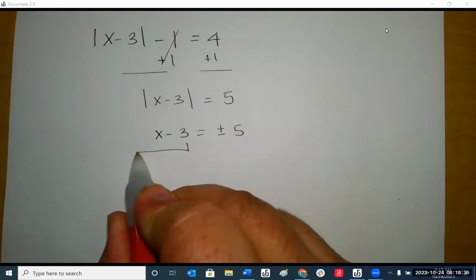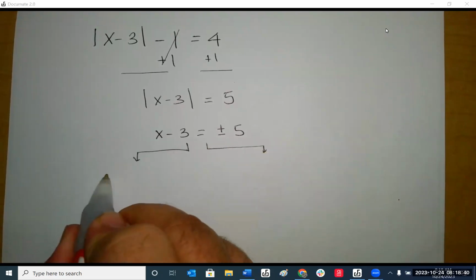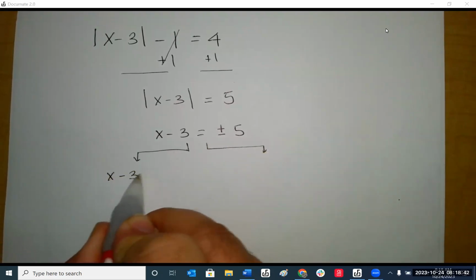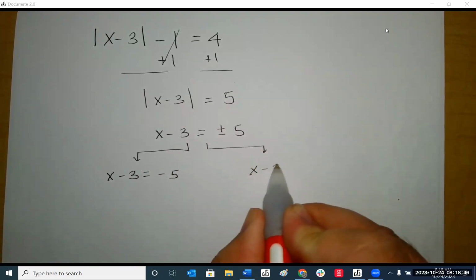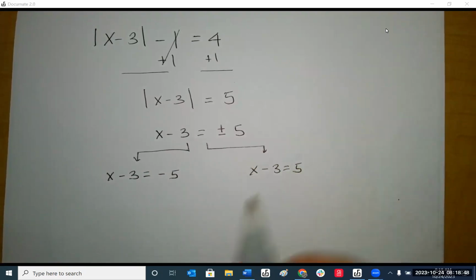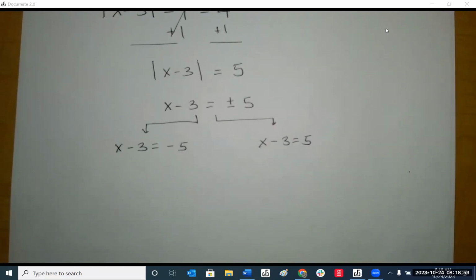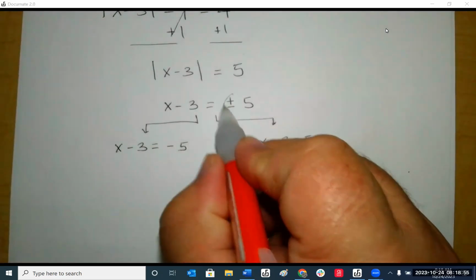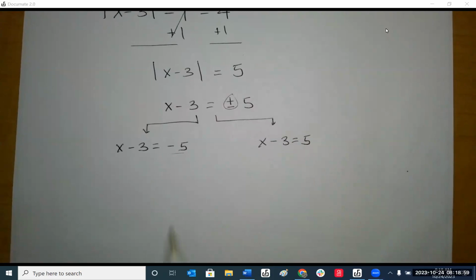So now this means I have two equations. X minus 3 equals negative 5, and x minus 3 equals positive 5. I solve both of those separately. That's what this thing means. One answer is going to be negative 5, one answer is going to be positive 5.